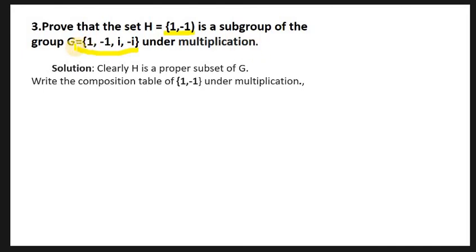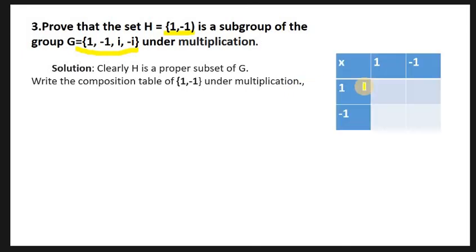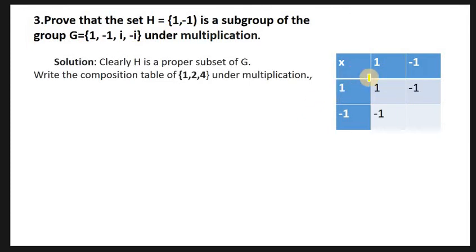See, the set G = {1, -1, i, -i} represents the fourth roots of unity, and H is a proper subset of G. Then let us write the composition table for {1, -1} with respect to multiplication. So with respect to ordinary multiplication, we have taken 1 into 1 is equal to 1, 1 into -1 is equal to -1. Let us fill this table.